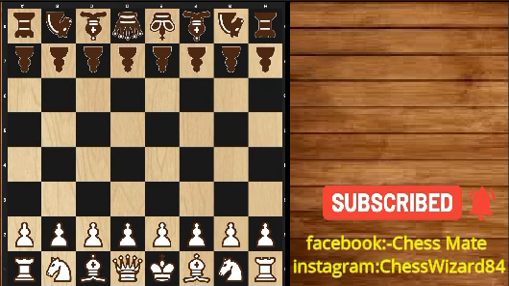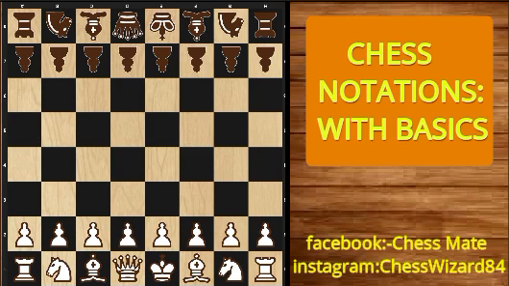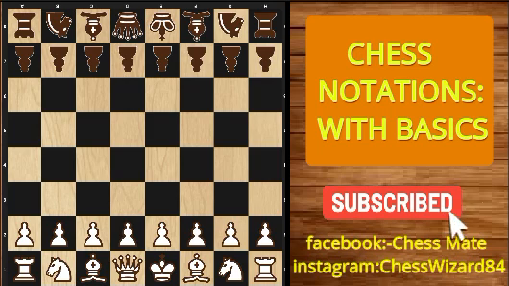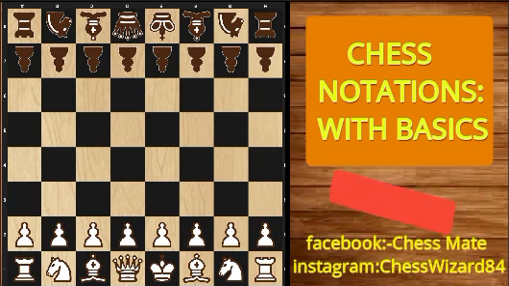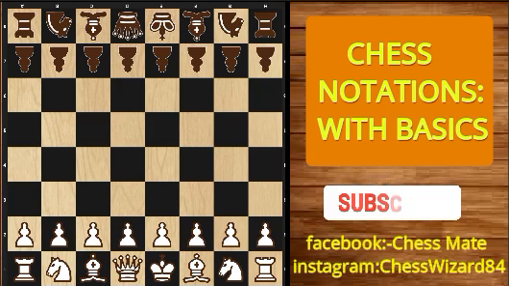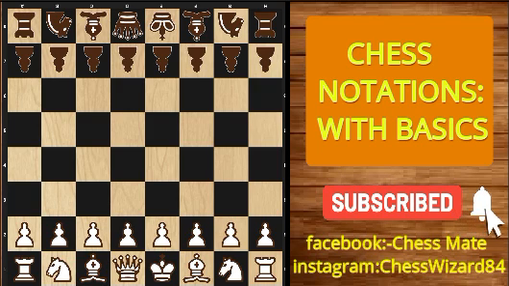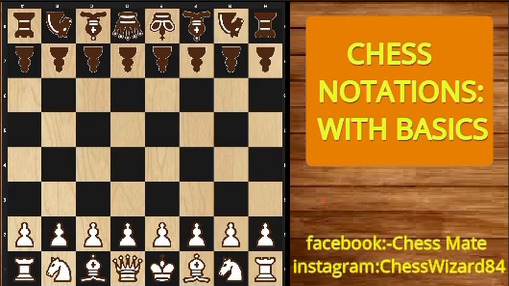Now that you know the names of the squares and the notation of the pieces, it's time to learn the notation of actual moves in a chess game. To write a move, we simply combine the notation of the piece with the notation of the square it moves to. Remember, you only need to mention the square where the piece moves to and not the square where it was originally. Let's take an example.